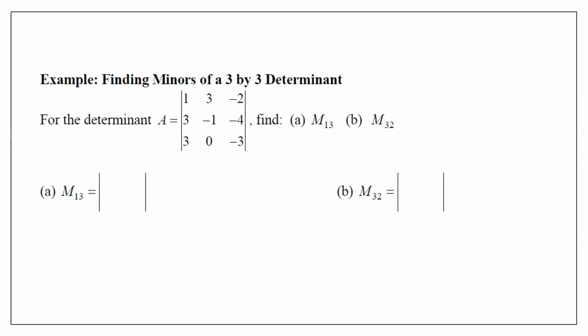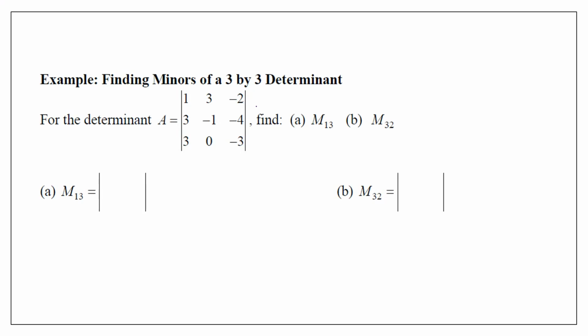So we have a determinant here, A, and we're asked to find M subscript 1,3 and M subscript 3,2. So let's first find M subscript 1,3.